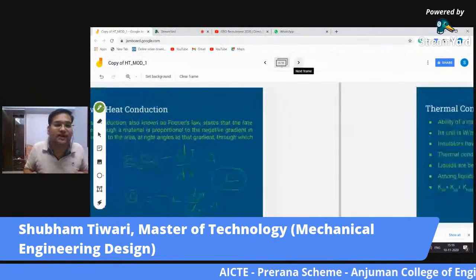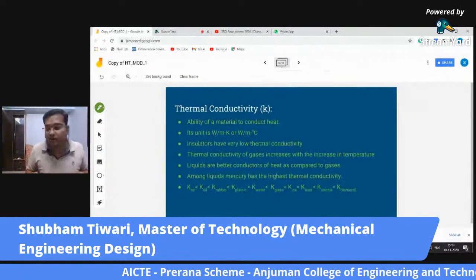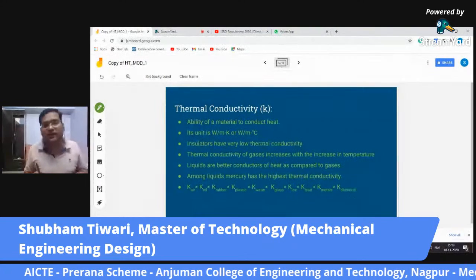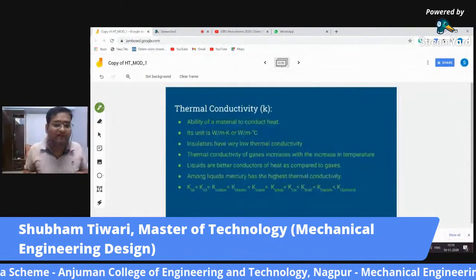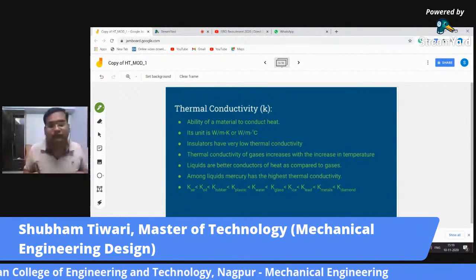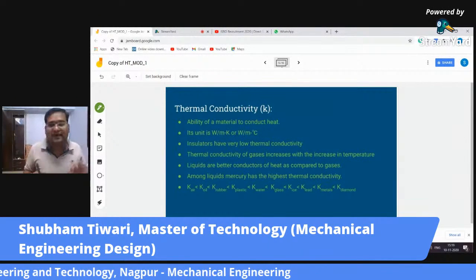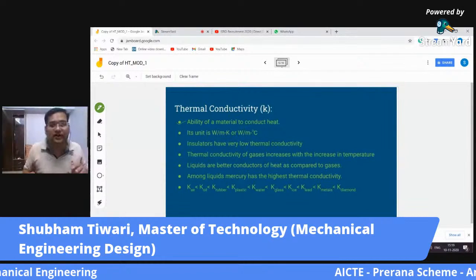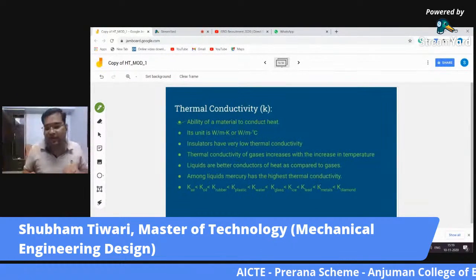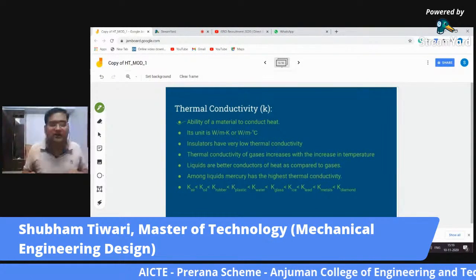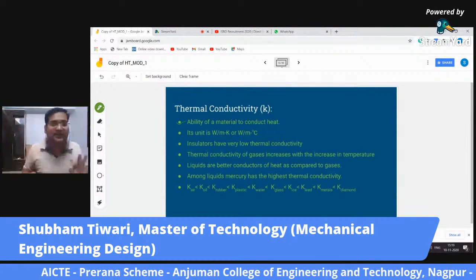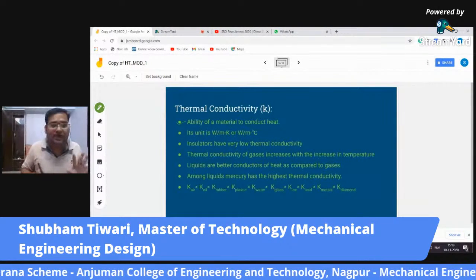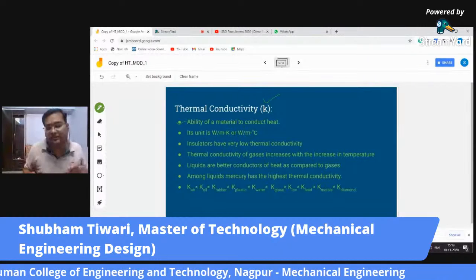Let us understand this concept deeply, because it is of very much importance for our calculation purposes. The term thermal conductivity refers to the ability of a material to conduct heat. If you have to determine whether a material is a good conductor or not, it can be done only by looking at its value of thermal conductivity.